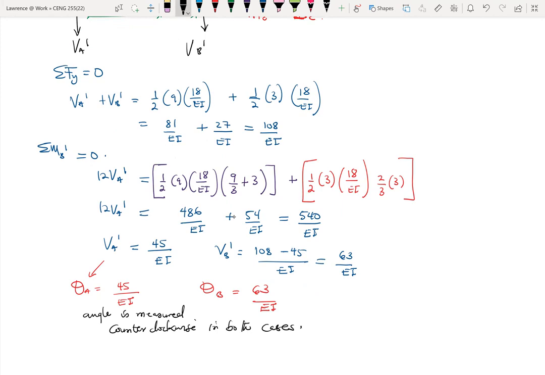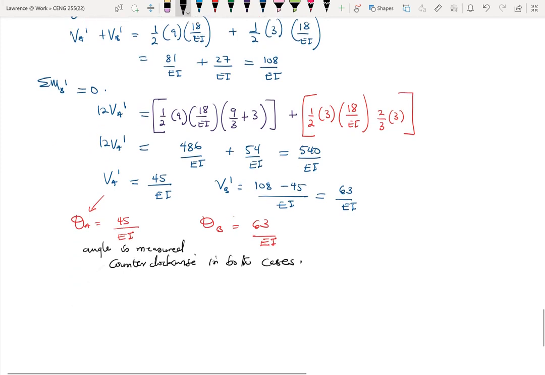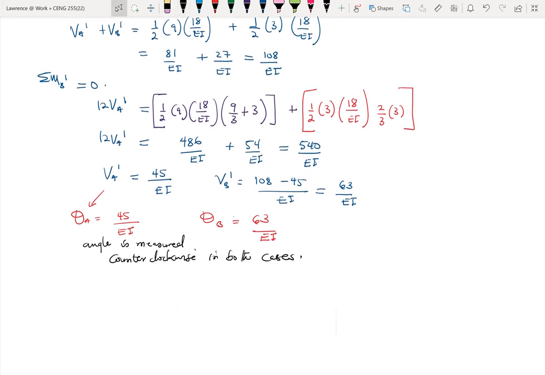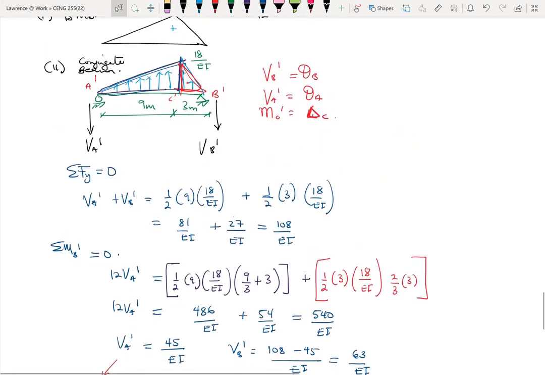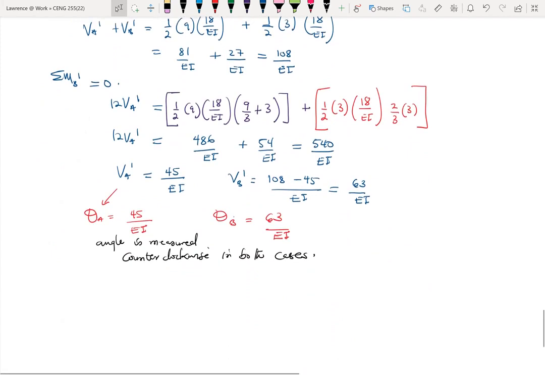Now, if you want to find delta C, we have about 10 minutes, so let's wrap it up. To find delta C at this point, you can either use left to right or right to left. It's entirely up to you, but let's do it from left to right.